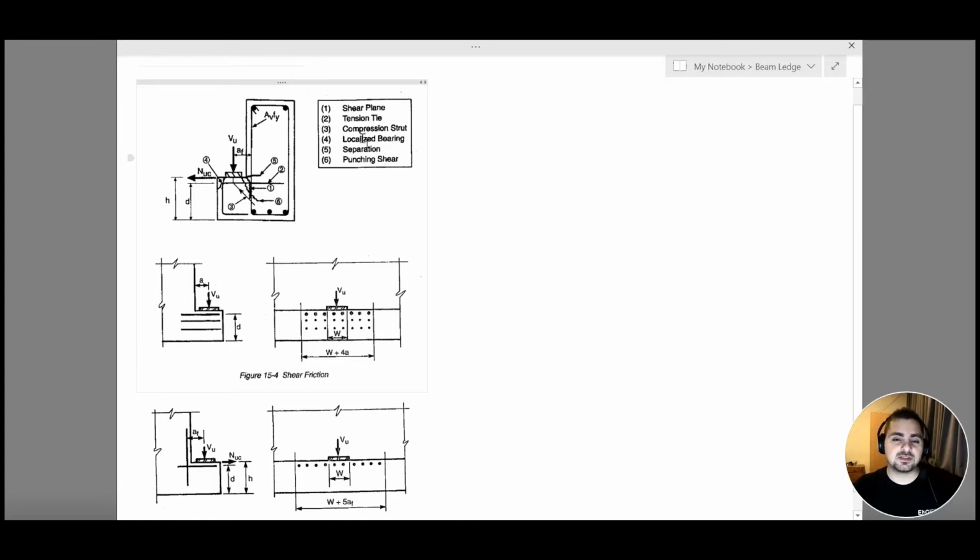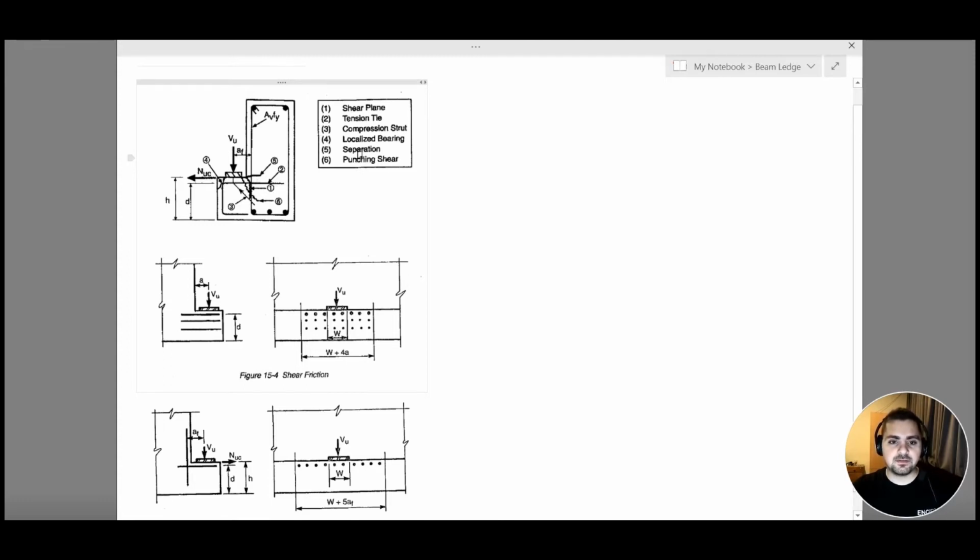And fourth, which is the final type of failure condition that is similar to our corbels, is my localized bearing. We said that along this location we might have failure due to my shear force, and in order to avoid that, we either add an angled steel or a steel angle here, or we add a reinforcement along the corner.